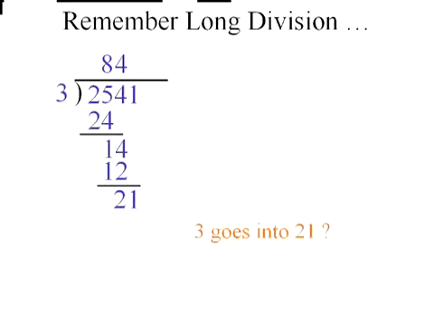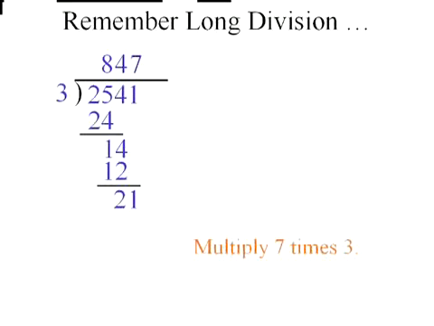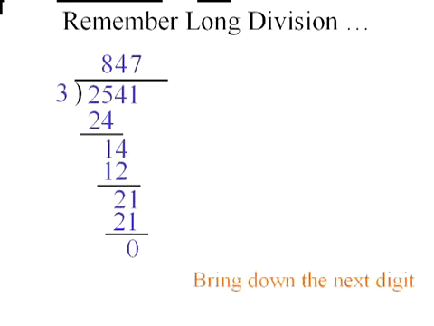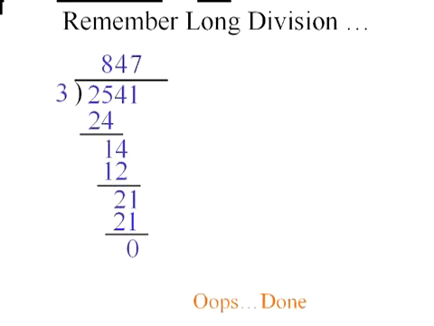I make a guess. 3 into 21, well, it goes in 7 times, so I write the 7, multiply 7 times 3, subtract to see what I'm off by, and then perhaps bring down the next digit. But there isn't a next digit, so I'm done. So that's the process. Note we go through the same sequence over and over again until we do not have a next digit. And that'll be my answer.